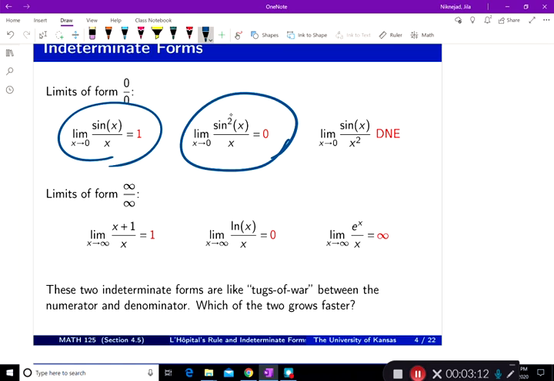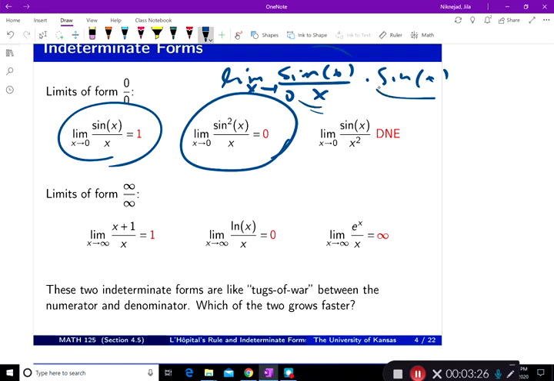One way of finding this from the information that we have from before is to separate it like this. This part goes to 1 and this part goes to 0. And with the same method of separation, we see that one of the limits does not exist.